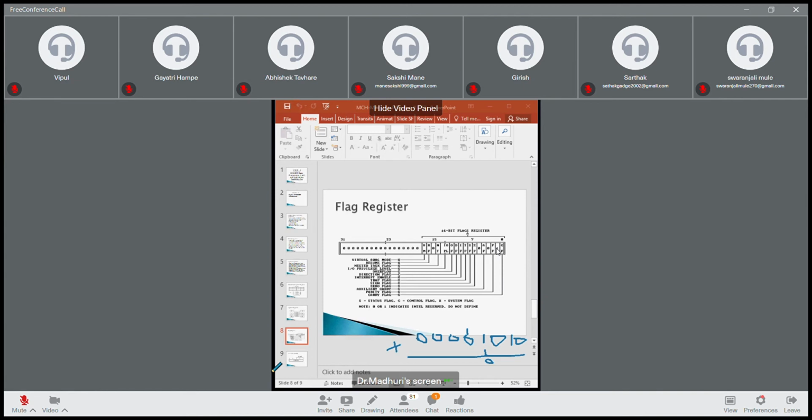Now after that, there is one bit reserved. After that, that is the trace flag. Trace flag, TF, which is at the 8th position.